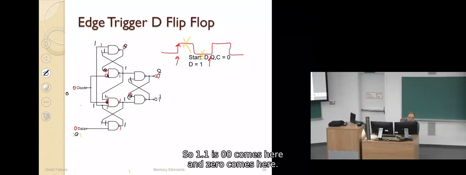So 1 and 1 is 0. 0 comes here, and 0 comes here. We have 1 at the output, so it doesn't change. Clock is still 0. And we have 0 here, so 0 comes here and makes it 1.